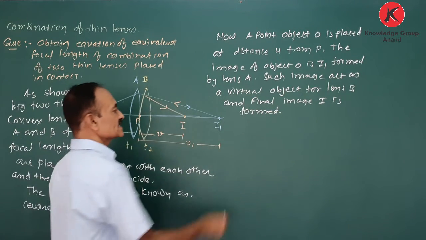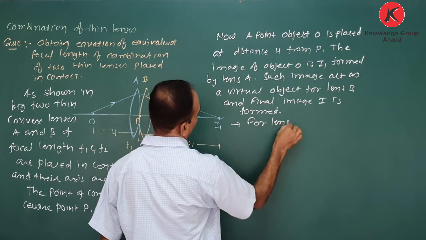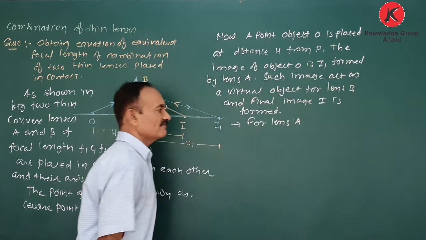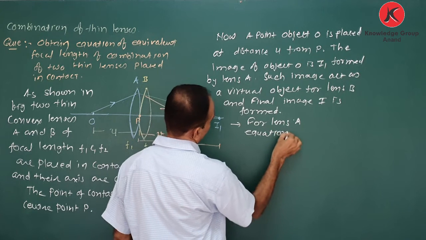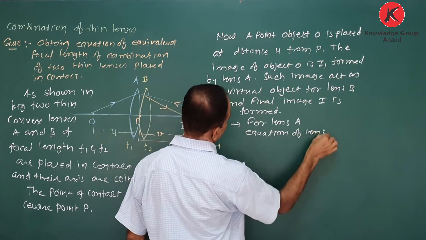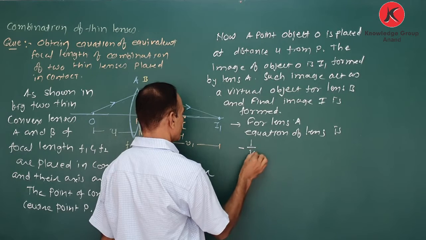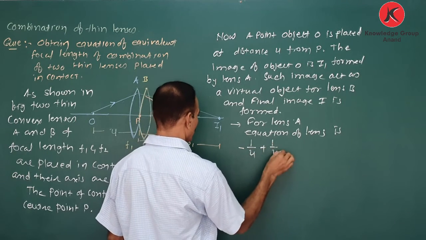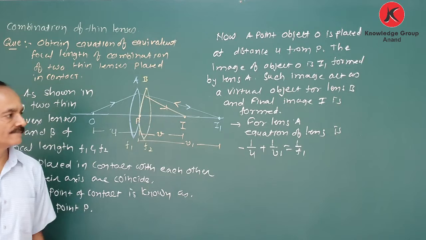Therefore, for lens A, the equation of lens is minus 1 upon u plus 1 upon v1 is equal to 1 upon f1.